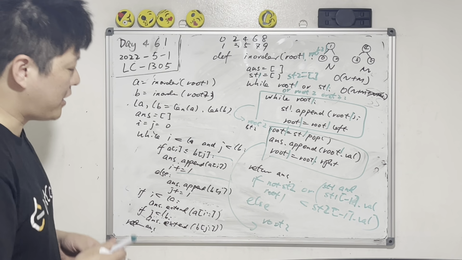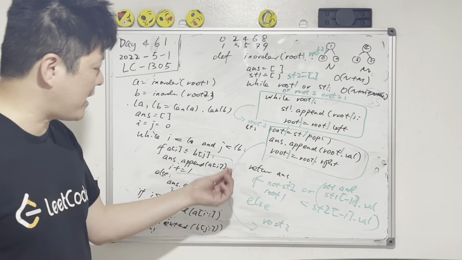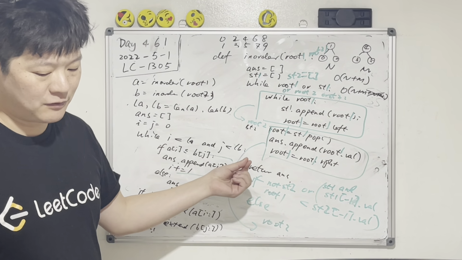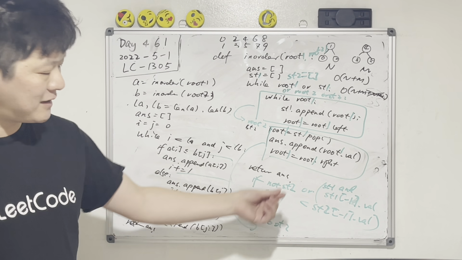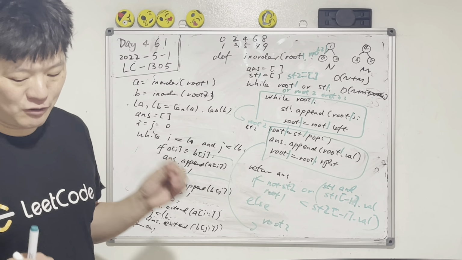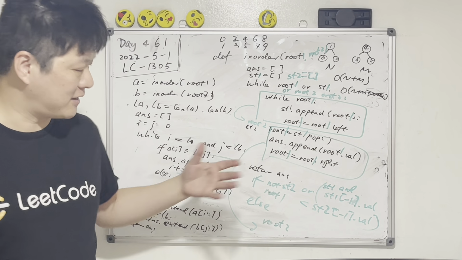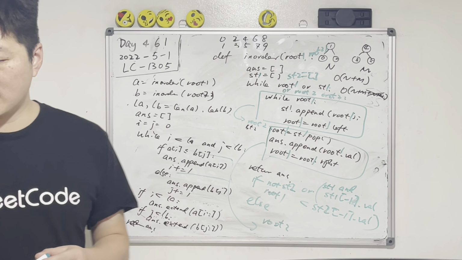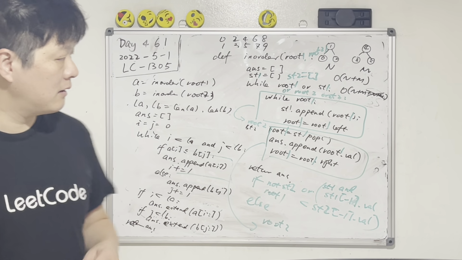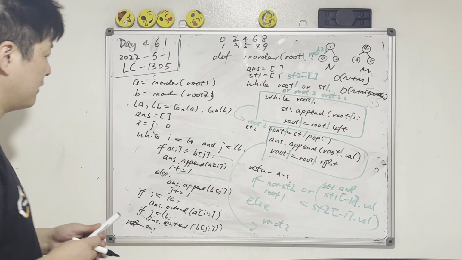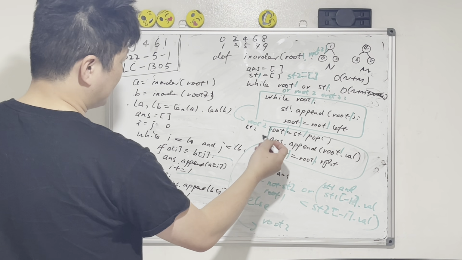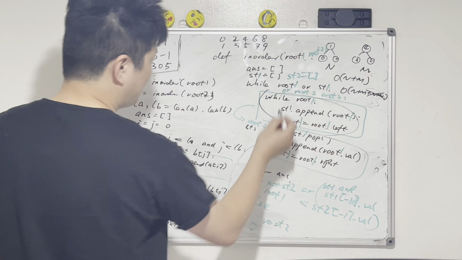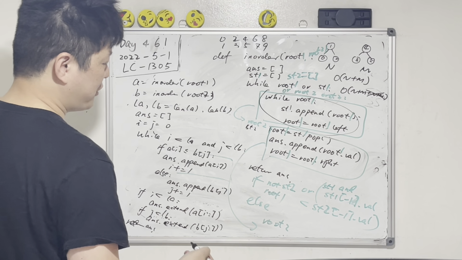And then we need to check if the value in the first stack, for the first tree, is smaller than the second one, we take the node from the first one. Otherwise, we take a node from the second one, right? Do I make myself clear? It's too squishy here, but basically that's what it is. So every time you see this, you need to duplicate it for another tree.